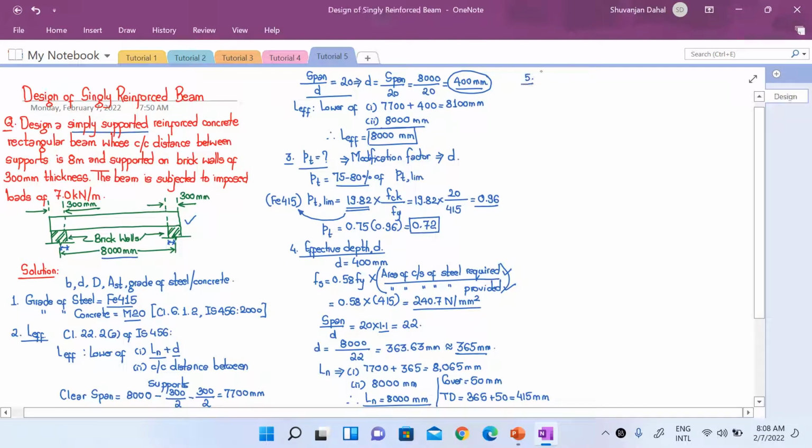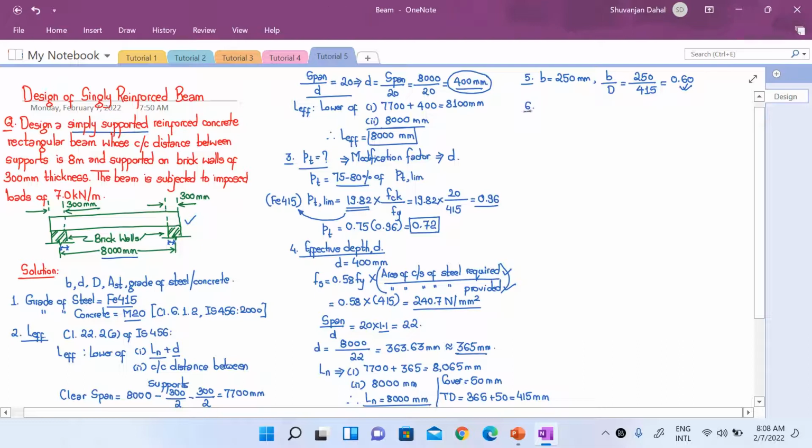Now let us determine the width of our beam. Let us assume that the width of our beam is 250 mm from general design considerations, so that if we determine the B by D ratio, this comes out to be 250 mm upon 415, which is nearly equal to 0.60. Hence it's okay.